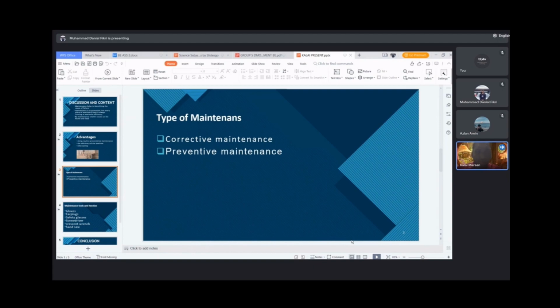Preventive maintenance: before damage to the machine occurs, a group of technicians and supervisors will usually perform this maintenance. The sole purpose of this maintenance is to reduce the possibility of equipment or components being damaged or deteriorated. Next slide.